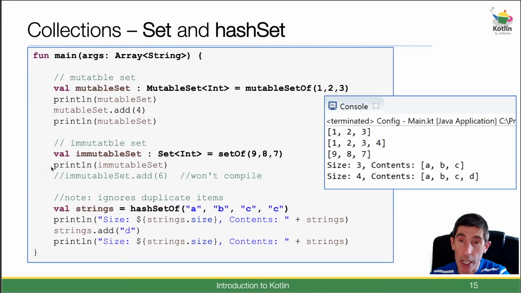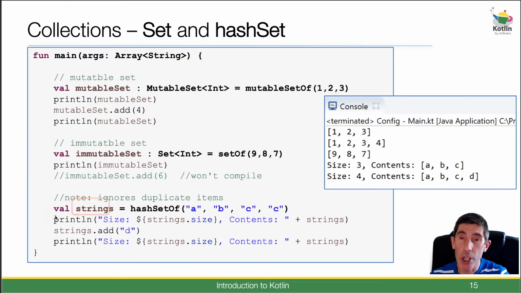But if we tried to add to that, or clear it, or remove from it, whatever, the compiler will pick that up and notify you and say, sorry, this is immutable, it's read only, you can't carry out those functions. An example here, our hash set. This ignores duplicate items. So if you notice here, we've tried to add A, B, C, and C to a hash set called strings.